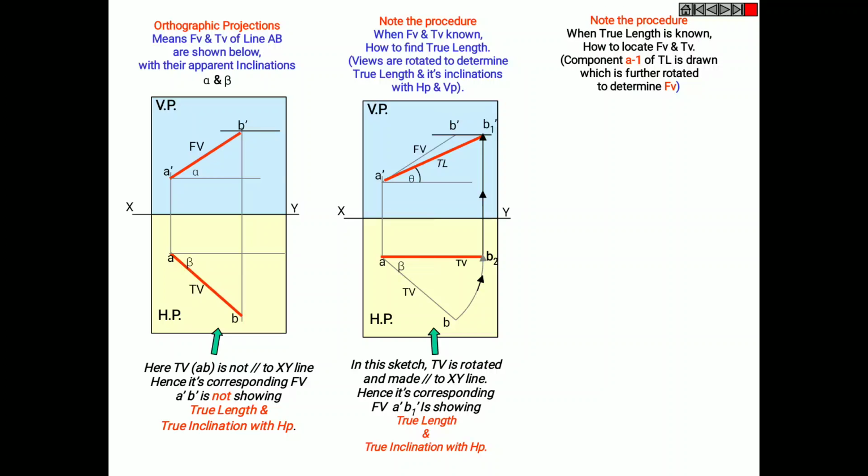Now also note the procedure when true length is known, how to locate front view and top view. Component A dash 1 of true length is drawn and further rotated to determine front view.